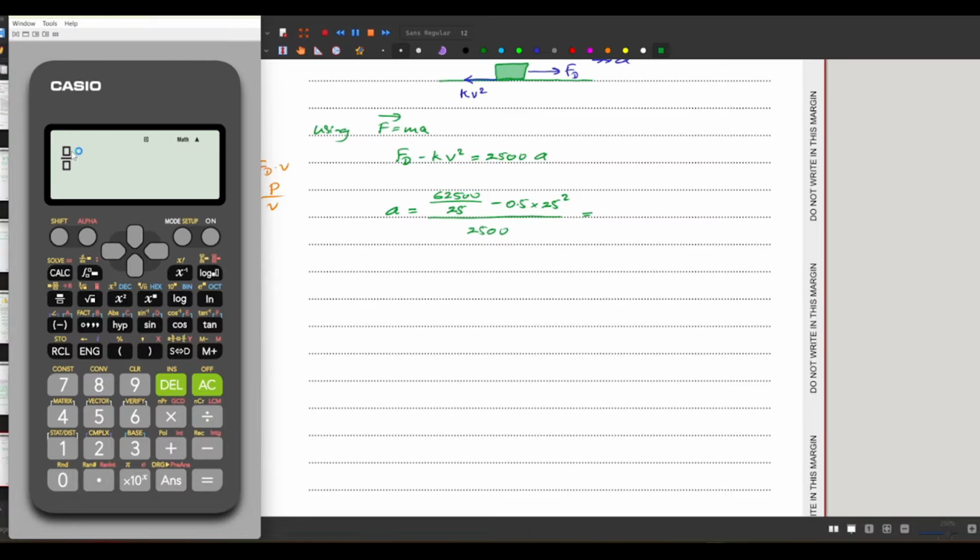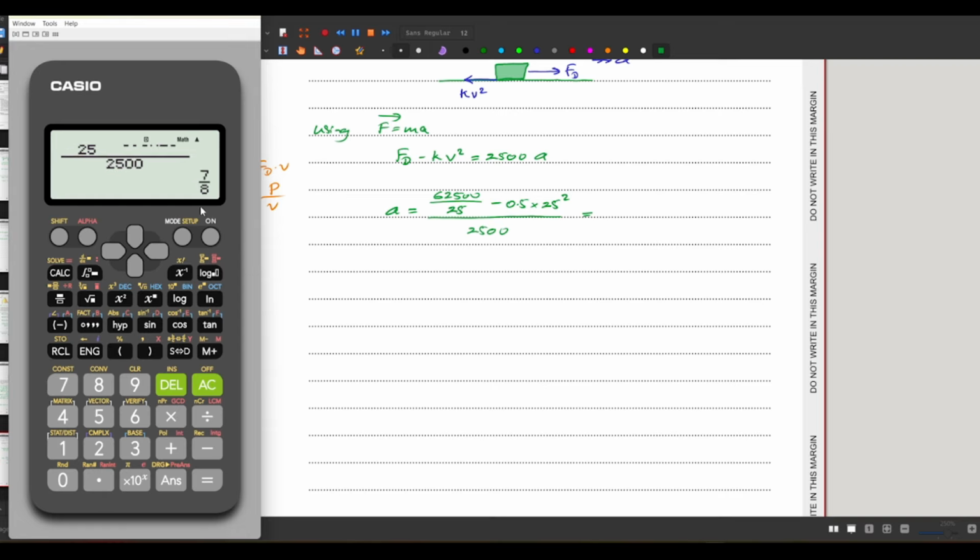We have a big division, and on top we have 62,500 divided by 25, and then minus 0.5 times 25 squared, divided by 2,500.